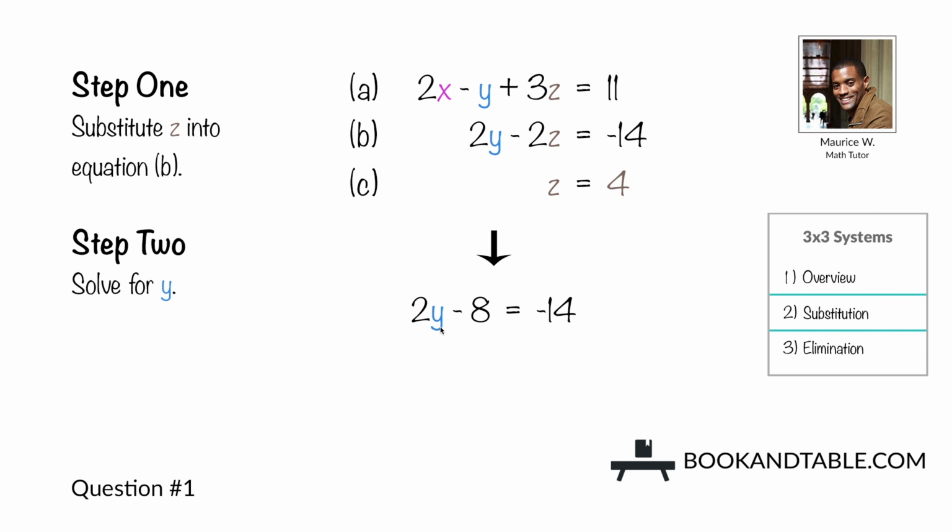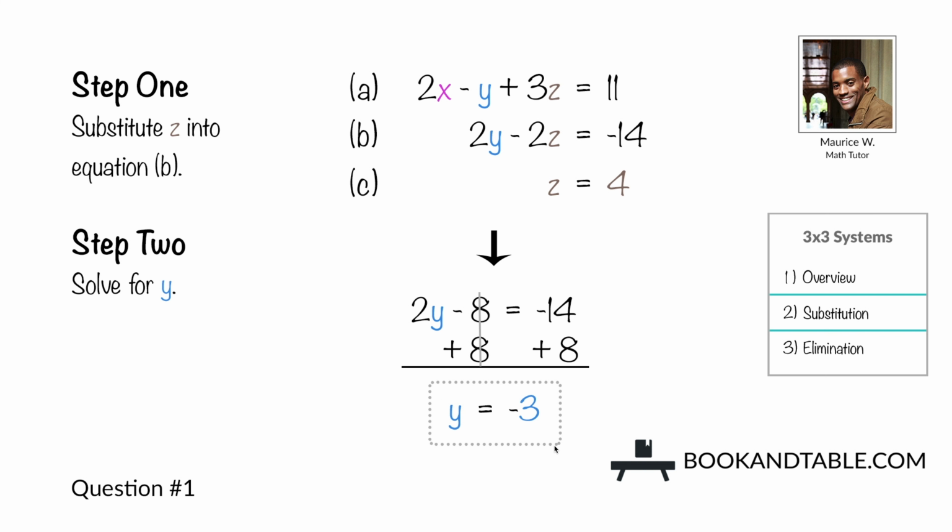And now we can solve for y. So we'll add 8 to both sides, showing us 2y is equal to negative 14 plus 8, which is equal to negative 6. And now we'll divide both sides by 2, showing us y is equal to negative 6 divided by 2, which would be equal to negative 3.